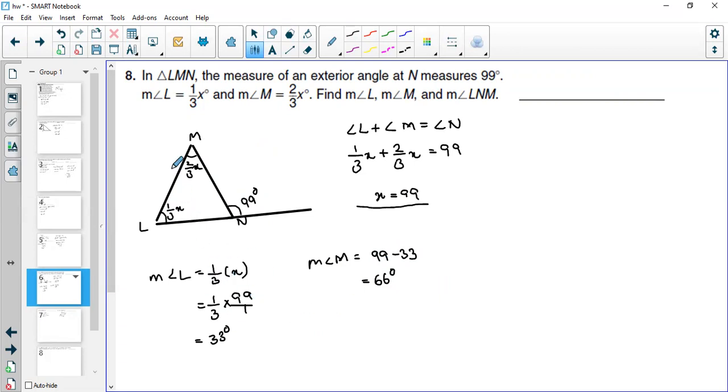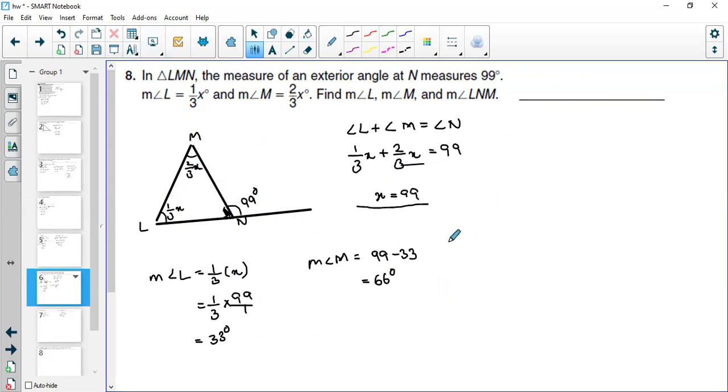So how can you find now angle LNM? So L, M and N, they are referring to this angle here, the angle which is inside. Now, two things you could do here also. You can either subtract that from 180 and say that is due to the linear pair theorem, right? Or you know the measure of these two angles, one is 33, one is 66. You can subtract that from 180 as well.